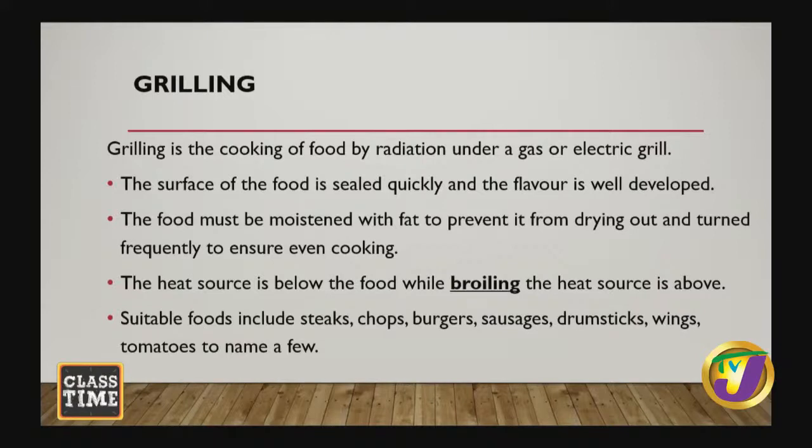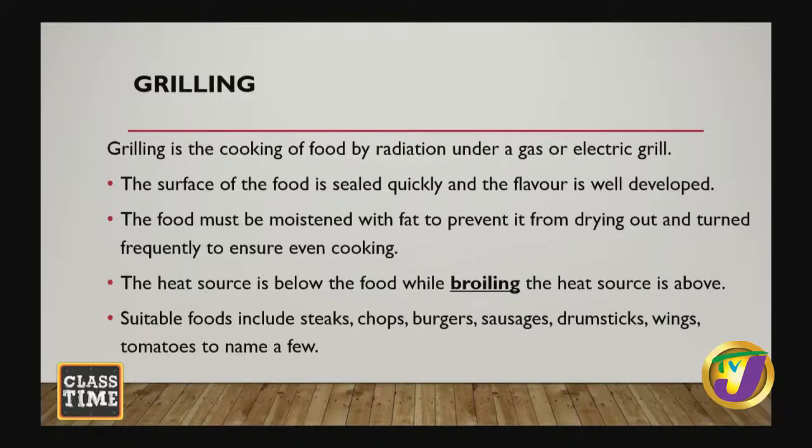And most persons aim to get these lovely grill marks on food items. The food is moistened with fat, similar to roasting, where the fat is rendered and it tenderizes the food item. Now, oftentimes, educators and textbooks will use grilling and broiling interchangeably.